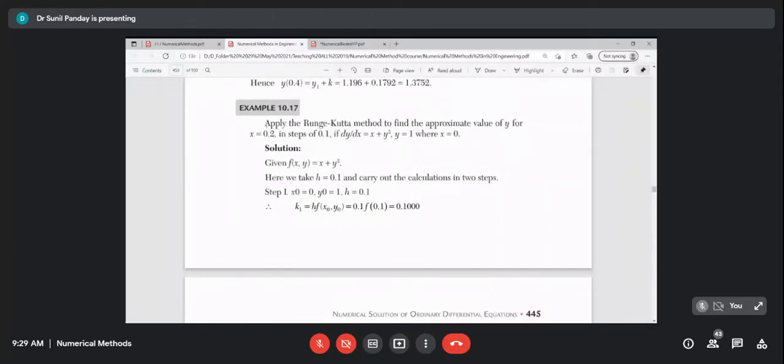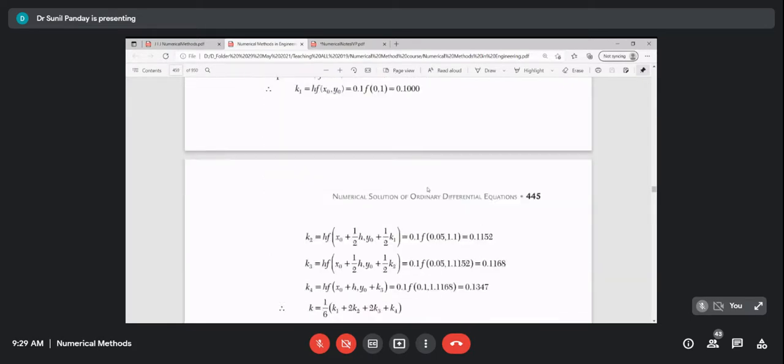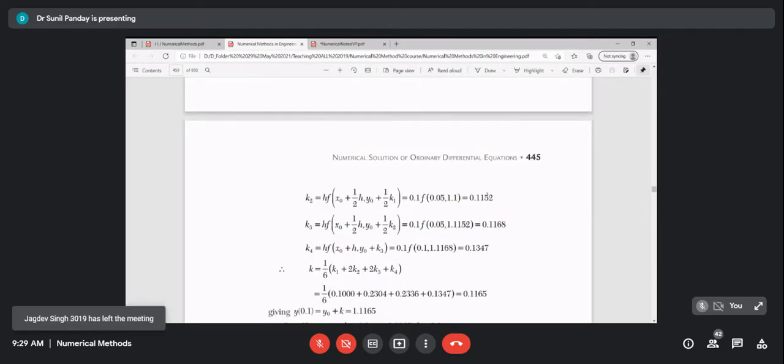Suppose here: apply the Runge-Kutta method to find the approximate value of y for x equals 0.2 in steps of 0.1. So you have to take h equals 0.1, and that means you have to apply this method two times.